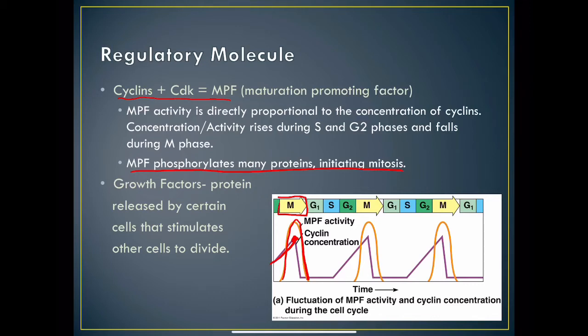And that's really important. Now, other regulatory molecules that we have in the cell are growth factors. Growth factors are proteins that are released by other cells that cause cells to divide. And we'll talk about those in just a second. But again, back to these checkpoints.